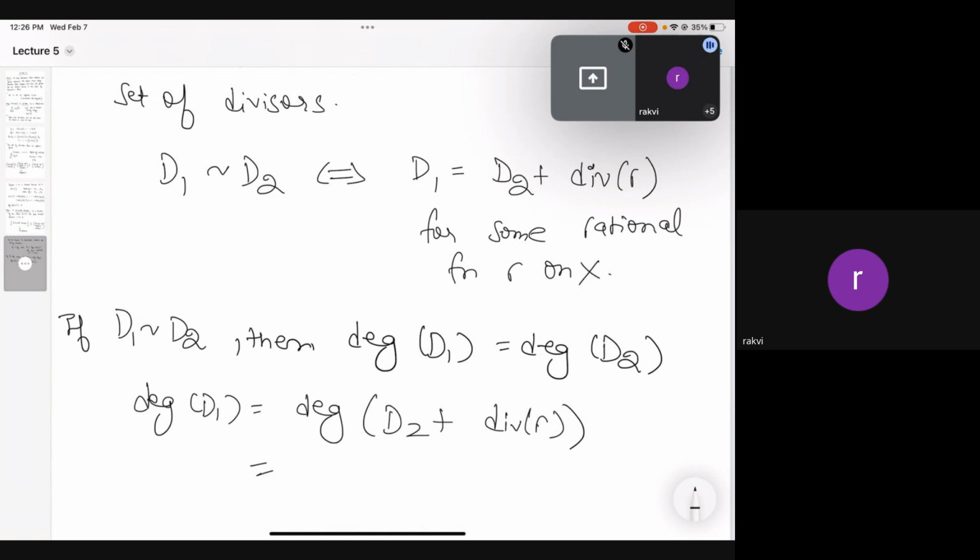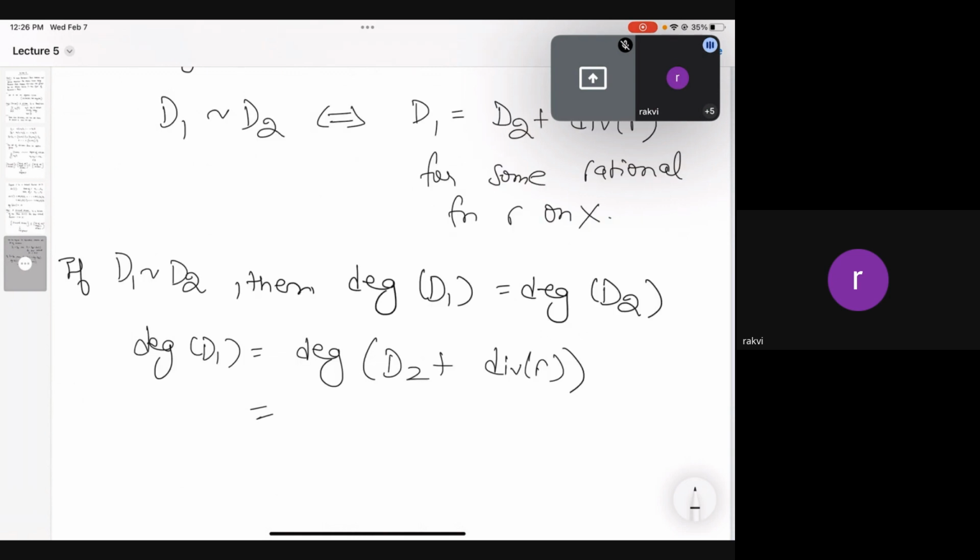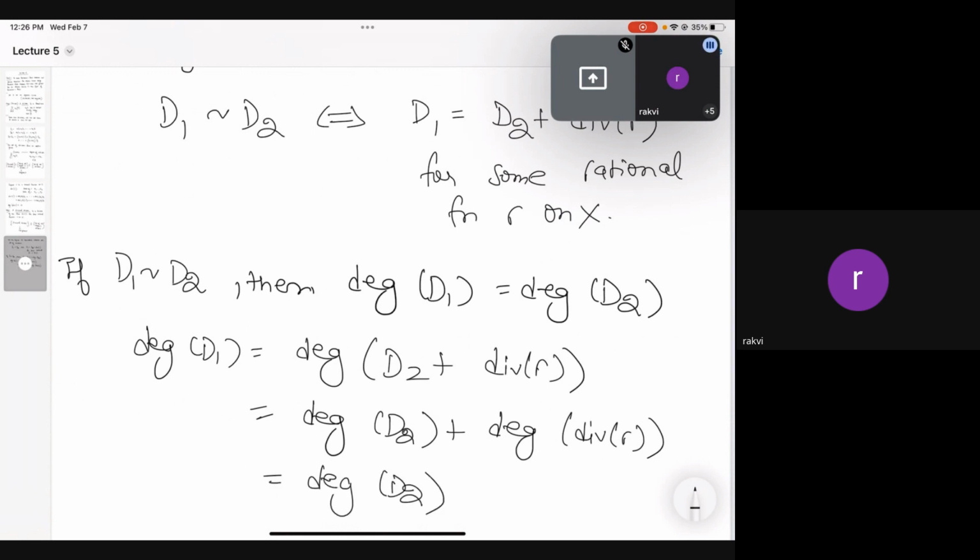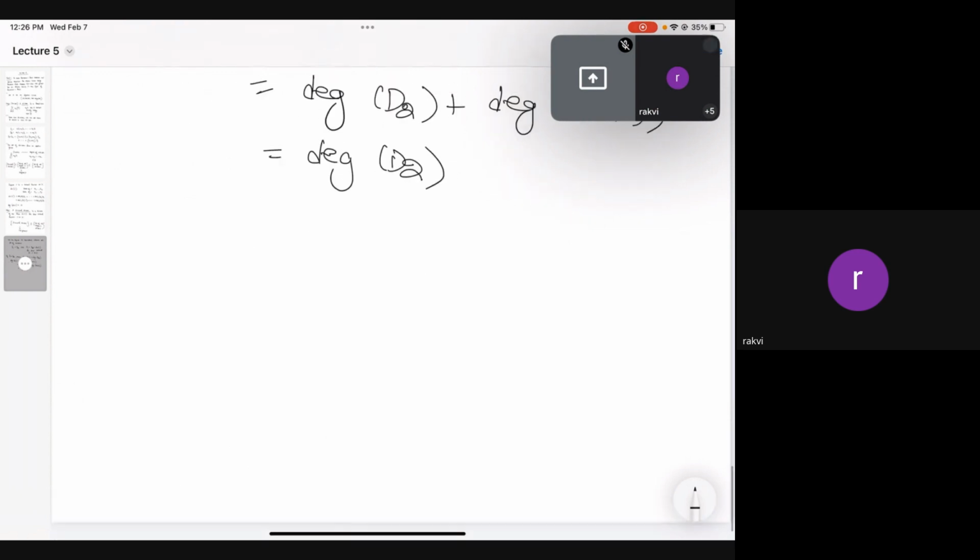If you add two divisors, their degrees add up because it's basically the sum of all coefficients. So this is the degree of D2 plus the degree of this divisor, but this is 0 because it comes from a rational function. So equivalent divisors have the same degree in particular.